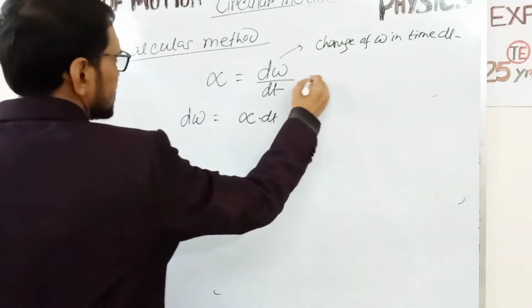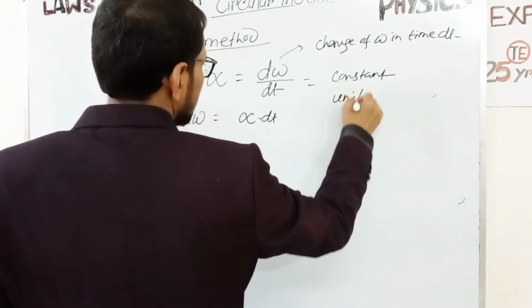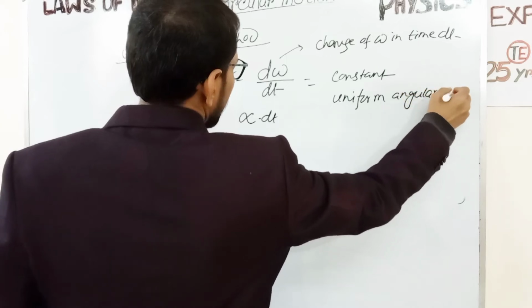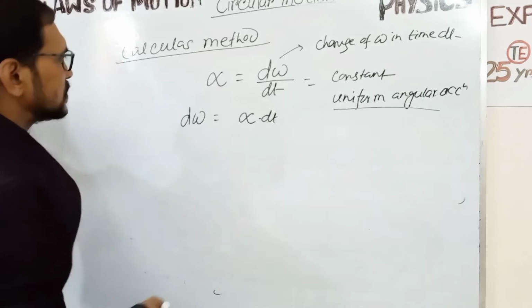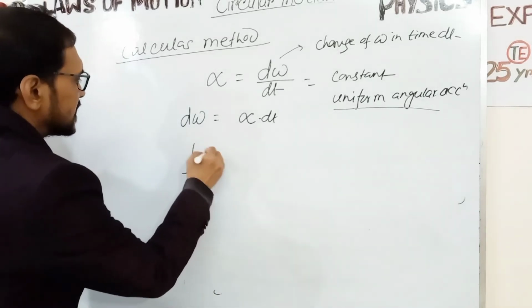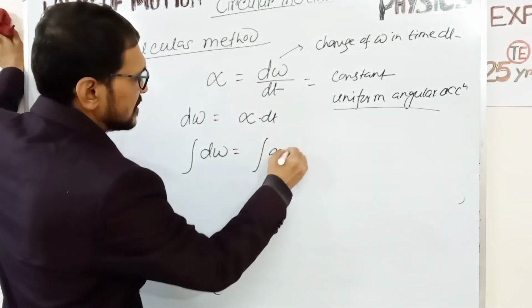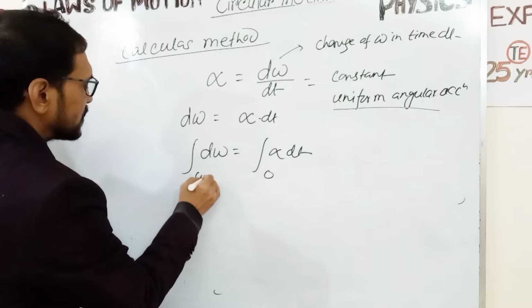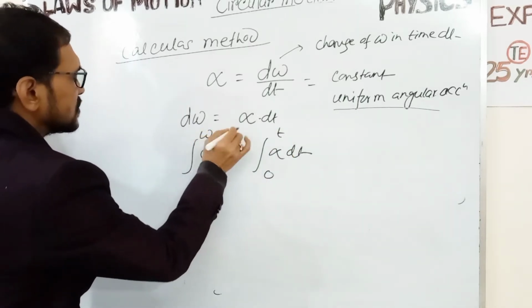Here alpha equals constant, that is, for uniform angular acceleration, alpha is constant. So d omega equals alpha into dt. Now if we integrate this: at t equal to 0, the angular velocity is omega 1, and after t seconds the angular velocity is omega 2.